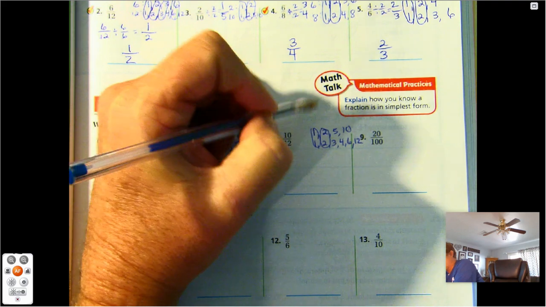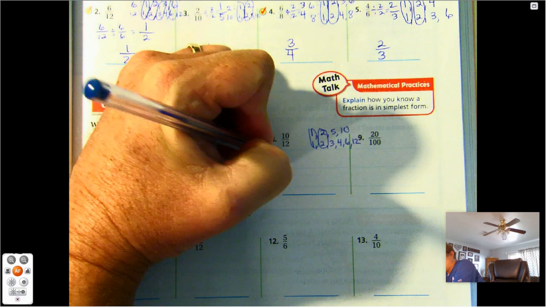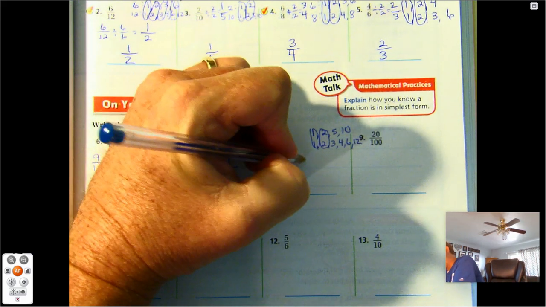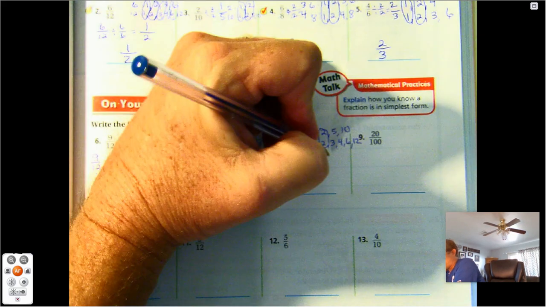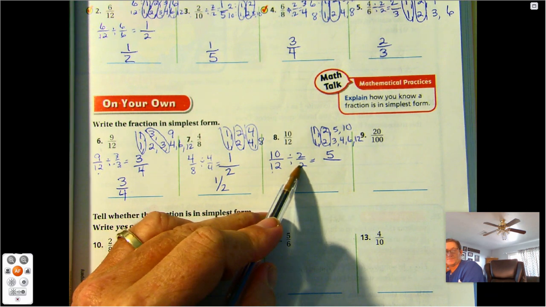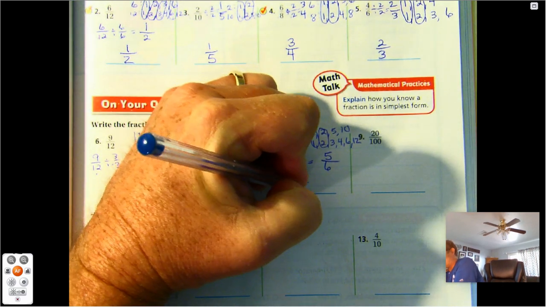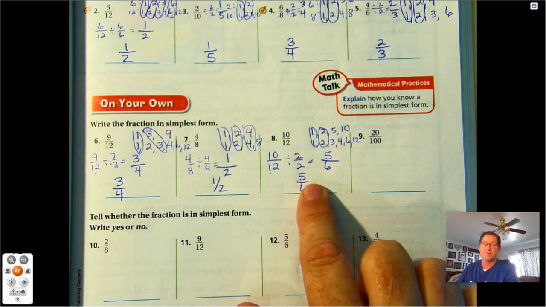So we're going to divide 10/12 by a factor of 2. 10 divided by 2 is 5. 12 divided by 2 is 6. So 5/6 is simplest form. The only factors of 5 are 1 and 5. 5 is not a factor of 6.